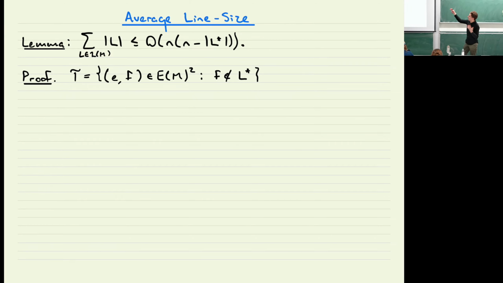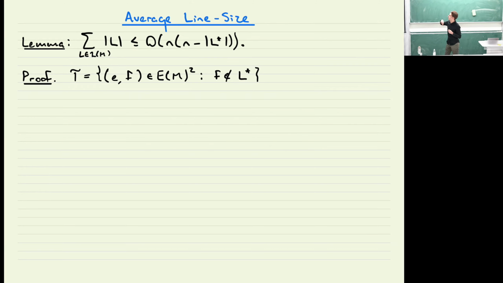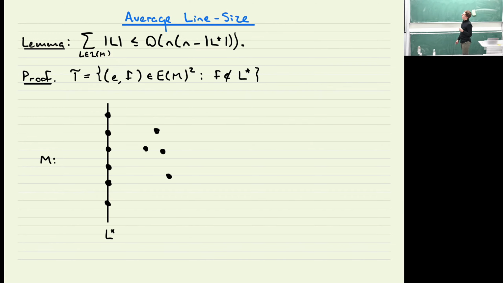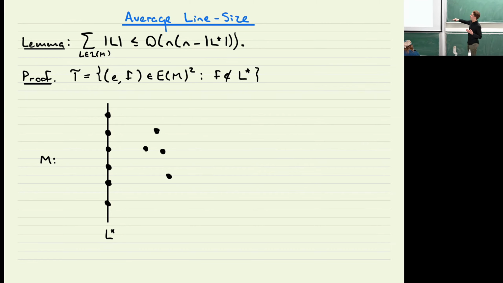And you can see that it's counting the set of ordered pairs of elements where the second one is not in your largest line. I'm using the same notation as before, where L star is the largest line. Okay. And then you go through and you consider the same kind of picture. In this case, we can't assume that L star is as big as we want, but we don't need to.